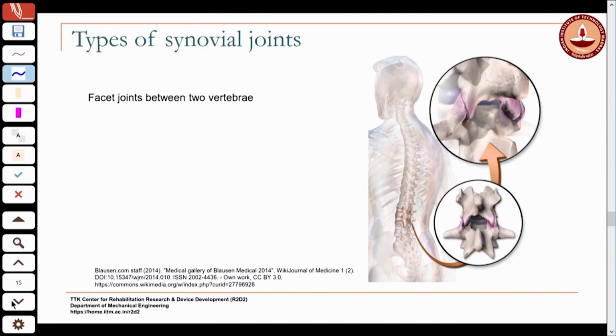Here you can see this, and the sliding motion that happens between these facets of the vertebra is another example of a gliding joint. So, again those are the few places where translation happens.